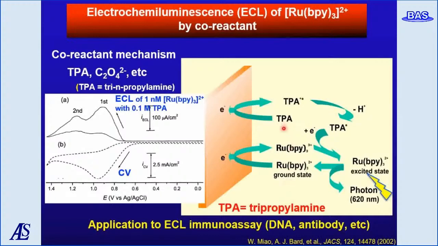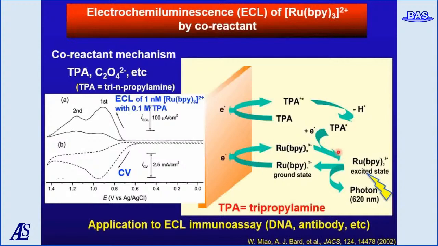tri-n-propylamine system. Both the ruthenium complex and the amine are oxidized, and the oxidation of TPA generates short-lived TPA radical cations, which lose a proton from the alpha carbon to form the strongly reducing intermediate TPA radicals.